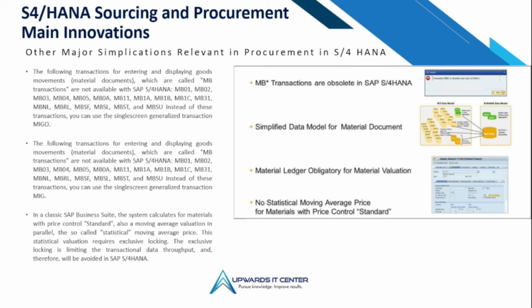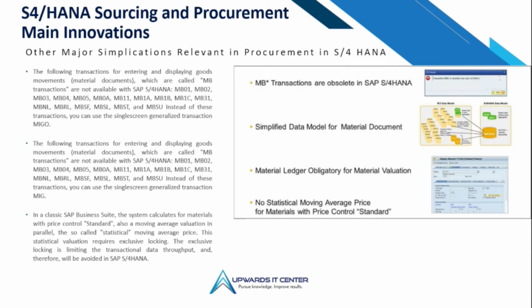If you enter these transactions, you get a message that it's obsolete and an SAP note to consult for all this information. In SAP S/4HANA, we have a simplified data model for the material document. This part of the simplified data model for the material document, we're going to detail better in the next slides.